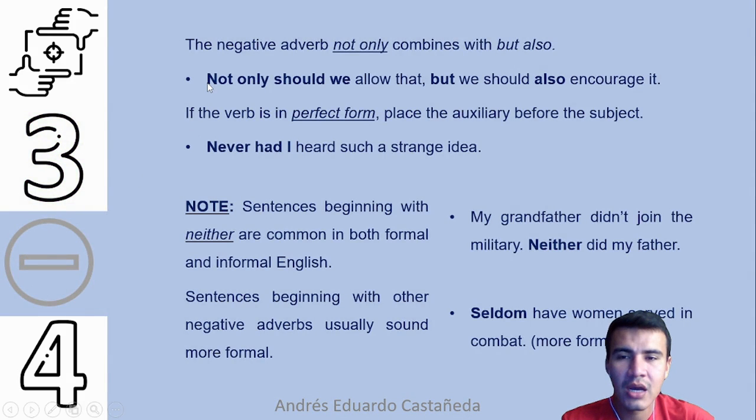But the negative adverb not only combines with but also. For example, "Not only should we allow that, but we should also encourage it." If the verb is in perfect form, place the auxiliary before the subject. For example, "Never have I heard such a strange idea."